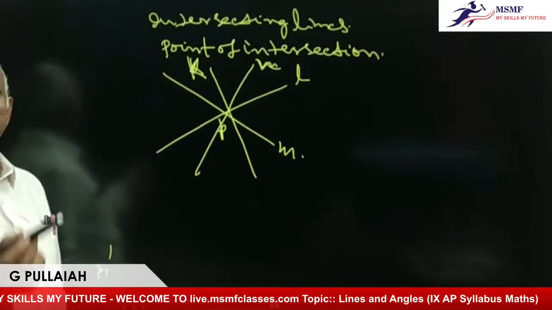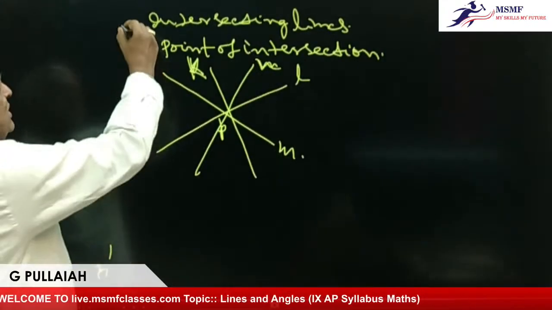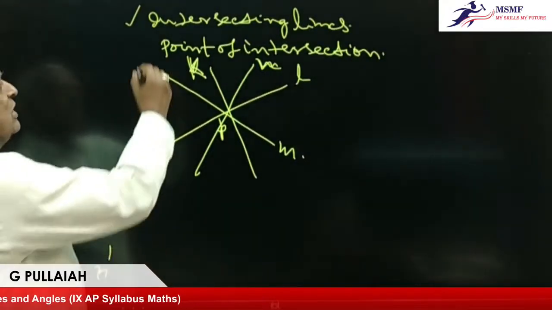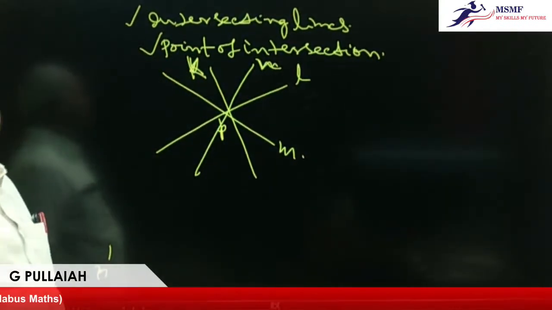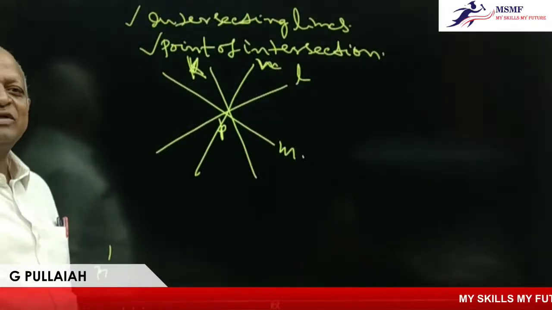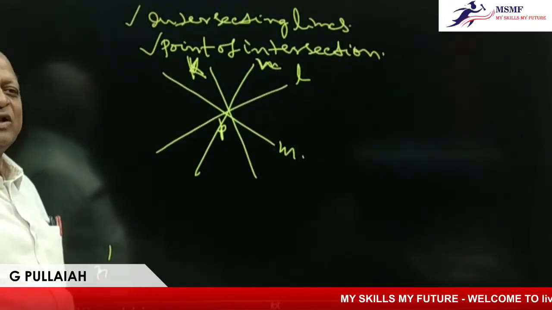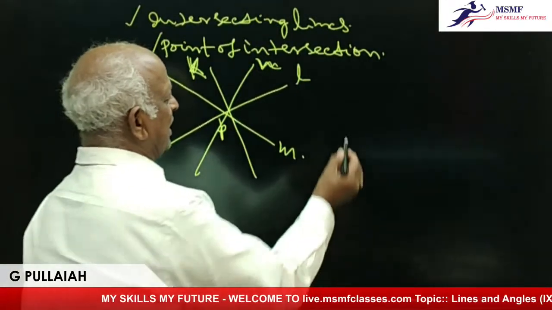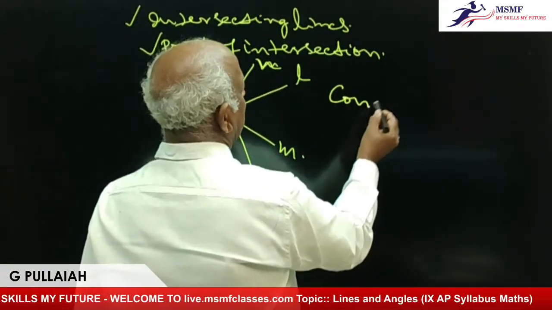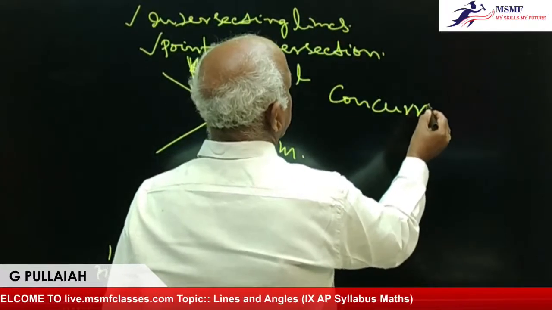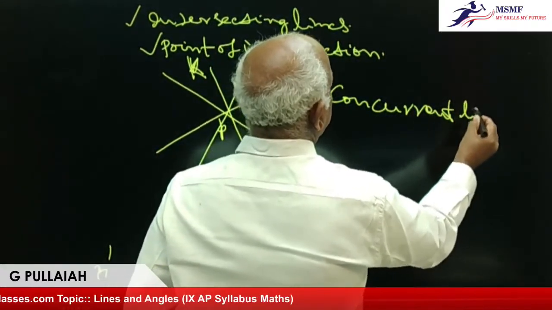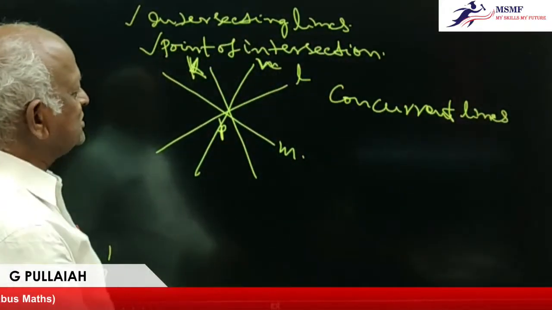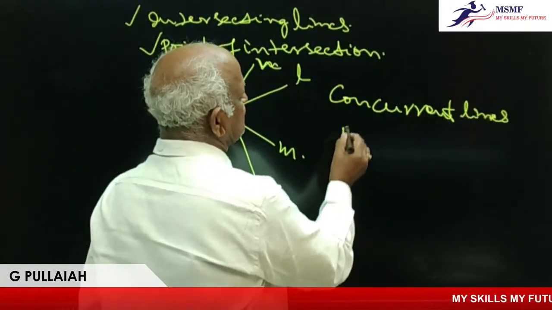Here, if two lines are intersecting, we call them intersecting lines, and the common point between them is called the point of intersection. Now, let us say there are more than two lines. Then what do we call them? These lines are called concurrent lines. The common point is the point of concurrence.